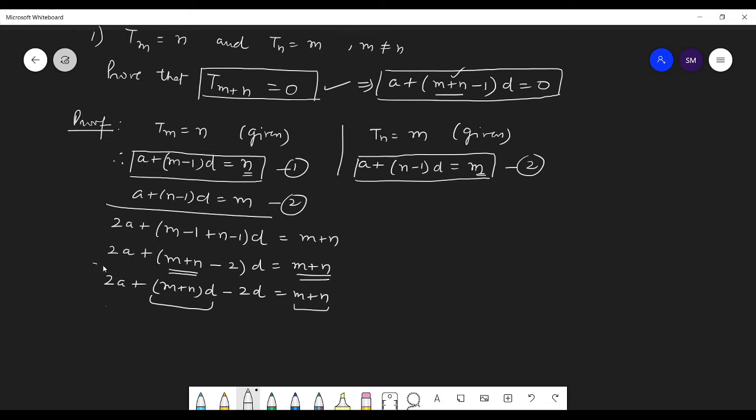Even if you don't write this step, let us bring m plus n to this side. What do you get? 2a plus (m plus n minus 2), but again d will not be common.